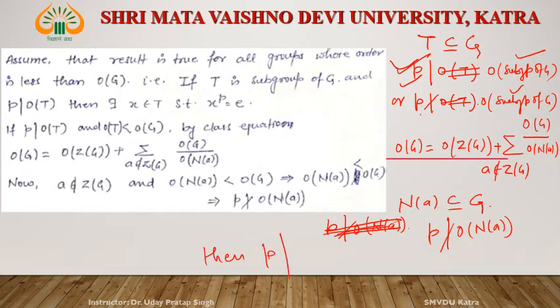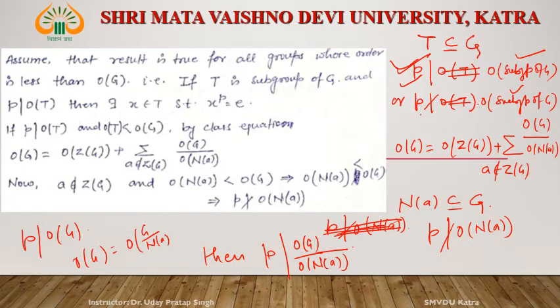P divides order of G by order of N(a). Why? Since P divides order of G, and order of G is equal to order of G by N(a) into order of N(a). That is, what is the result?